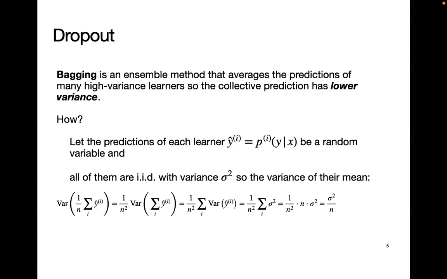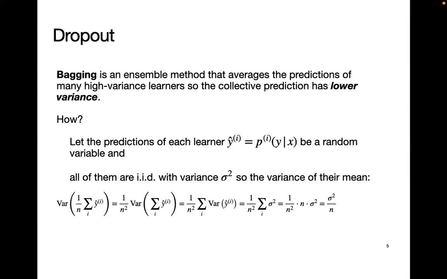From the variance properties, the factor 1/n goes out and becomes 1 over n squared, times the variance of the sum. From the properties of the variance of a sum of independent variables, it is equal to the sum of the variances. So we get 1 over n squared times the sum of the variances of the outputs of each of the classifiers.